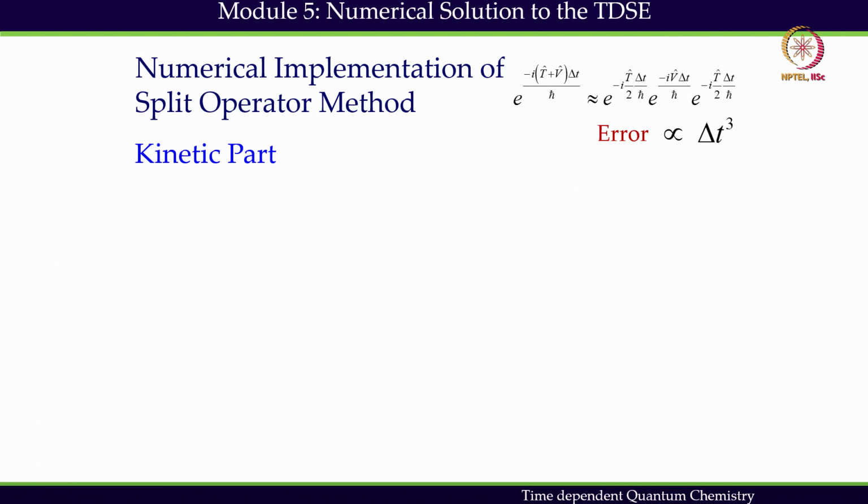What about the kinetic energy part? For the kinetic energy part we have to employ a certain trick here. And what is the issue? The issue is that in the position space grid, we write down the position space grid like this, where we have x coordinate.